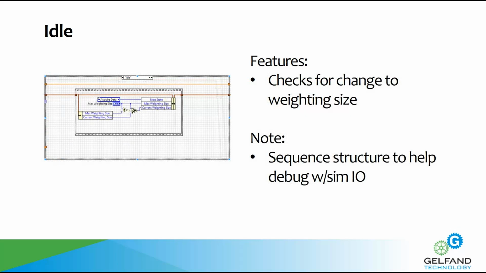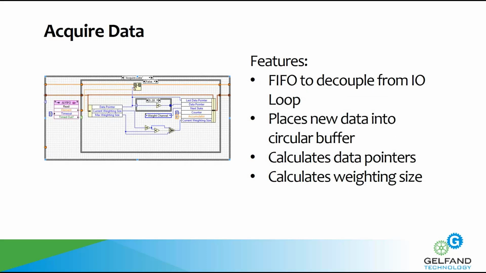In the idle, I check for changes to weighting size. I added the sequence structure in here to make it easier to put a breakpoint before I started doing anything to help with debugging simulated I/O. That's all that flat sequence structure is there for. It has no purpose other than to allow me to put the breakpoint before it for better probing.